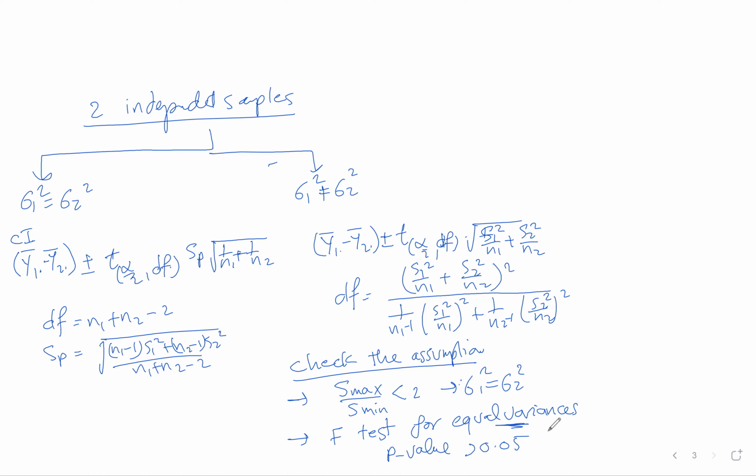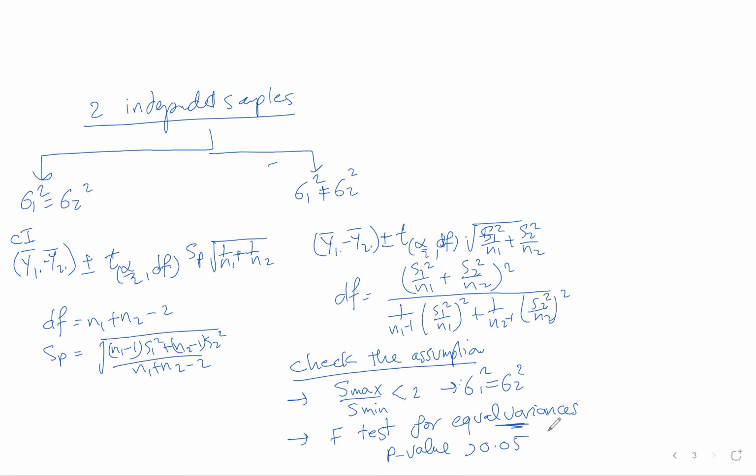In this case, I will give you the output of R, and you look at the p-value and decide. If the p-value is greater than 5%, you assume sigma 1 square equals sigma 2 square. If it is less than 5%, you assume sigma 1 square doesn't equal sigma 2 square.